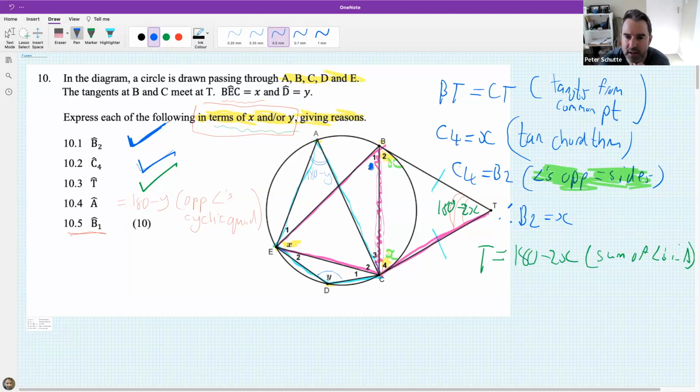And so what is B1 going to be? Well, it looks to me like there's a nice butterfly that can help me. And what is the relationship between these? They are the same angle. So this must be 180 minus Y. And the reason is angles in the same segment. And so we know this is 180 minus Y.